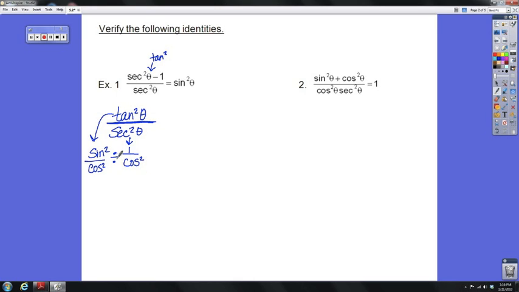Now, in order to divide fractions, I multiply by the reciprocal. So I'm going to have sine squared over cosine squared times the reciprocal, which means I've got to flip it. Now my division is a multiplication.